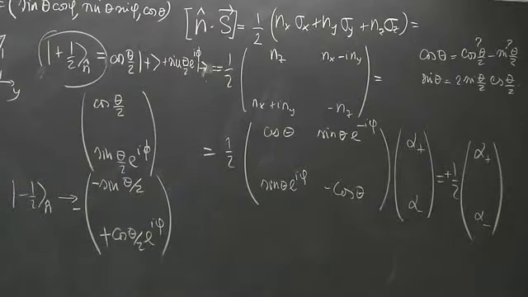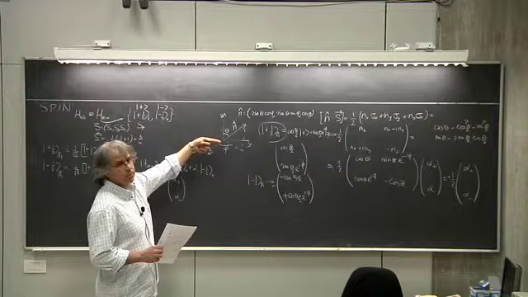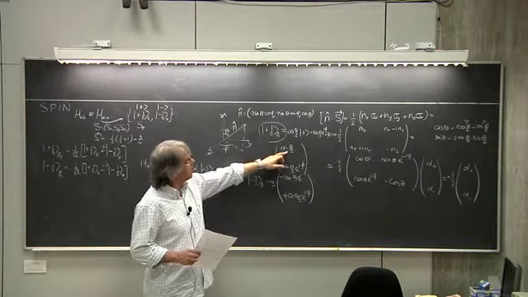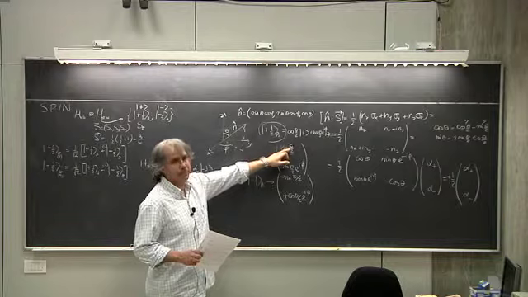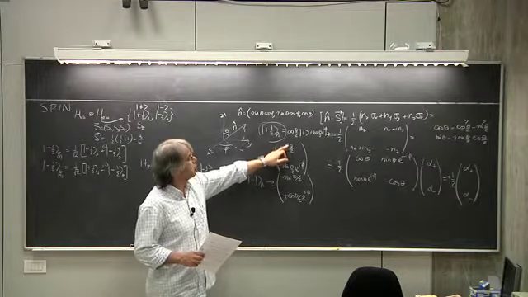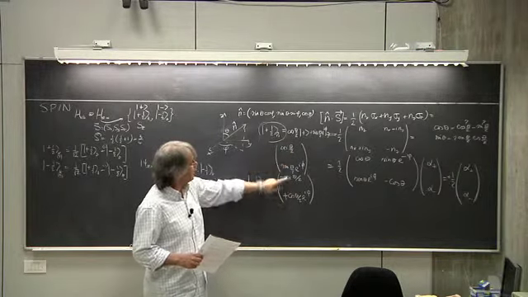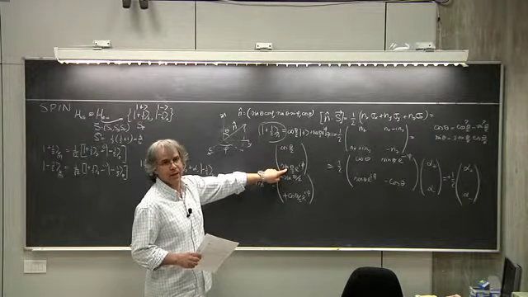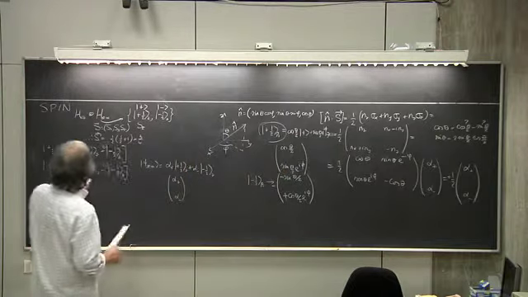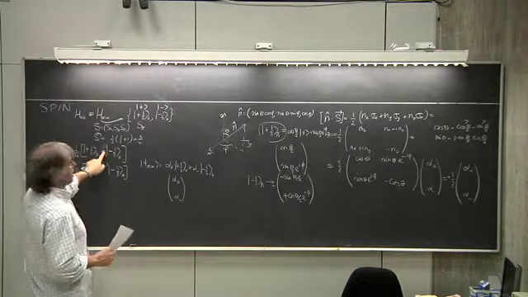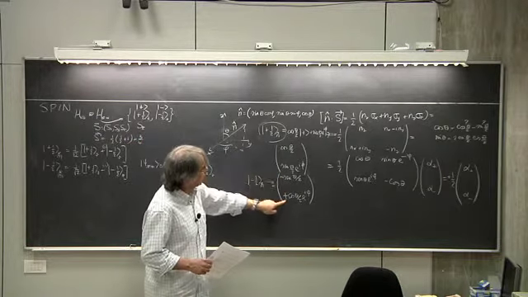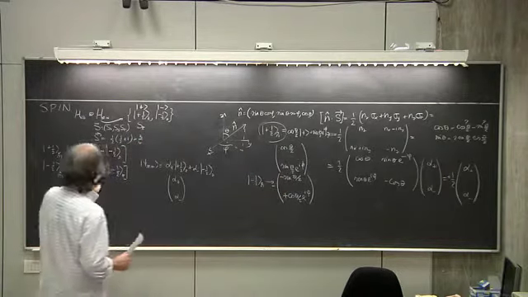Okay? If I have theta equal to pi over 2 and phi equal to 0, then you see here I have cos of pi over 4, which is 1 over root 2. And here I have sine of pi over 4, which is 1 over root 2, and which is this. And the other is 1 over root 2 and minus 1 over root 2, which is this.